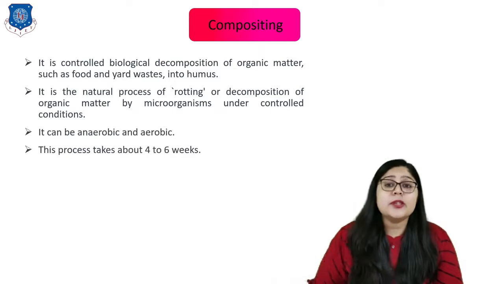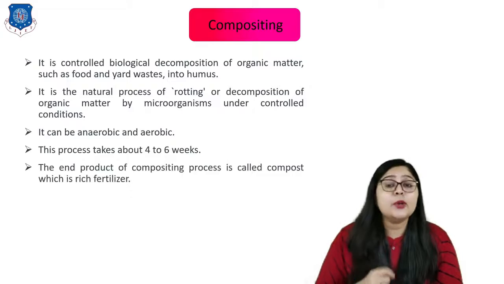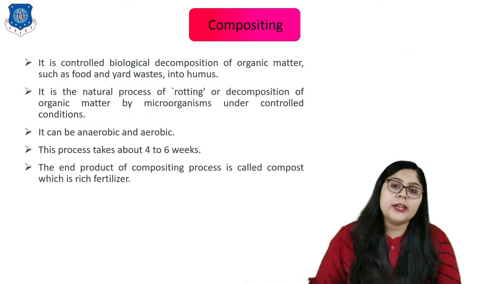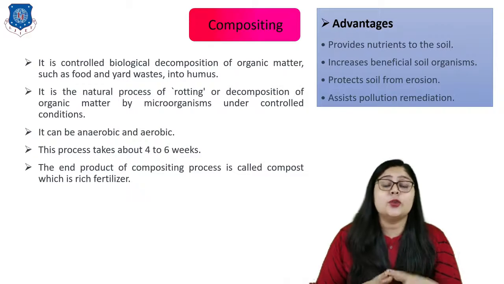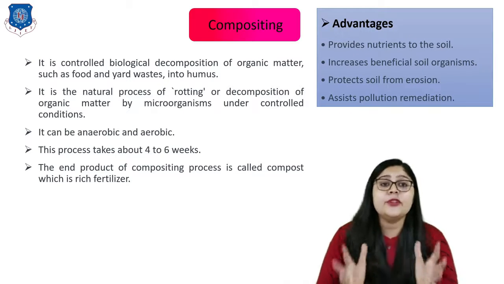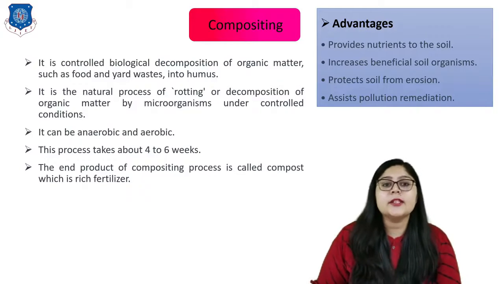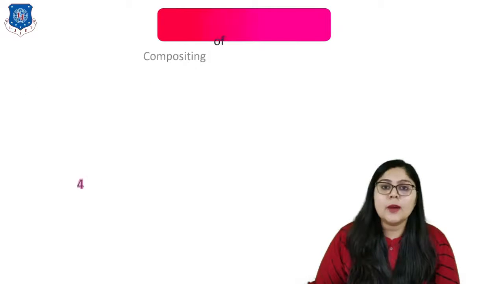This process generally takes 4 to 6 weeks. The end product of the composting process is called compost, which is a rich fertilizer. There are also some advantages: it provides nutrients to the soil, increases beneficial soil organisms, protects soil from erosion and assists pollution remediation. So this is all about composting.